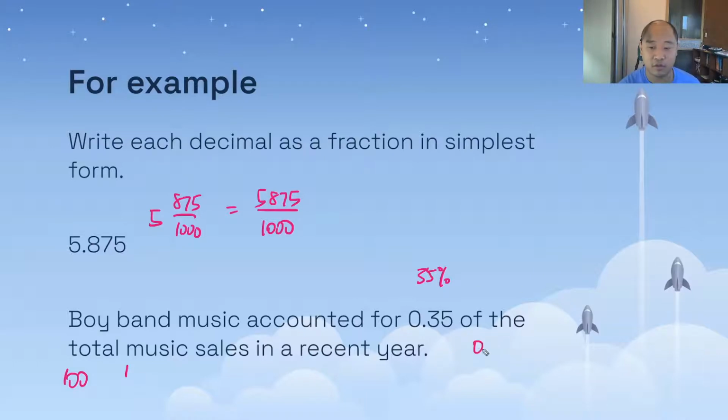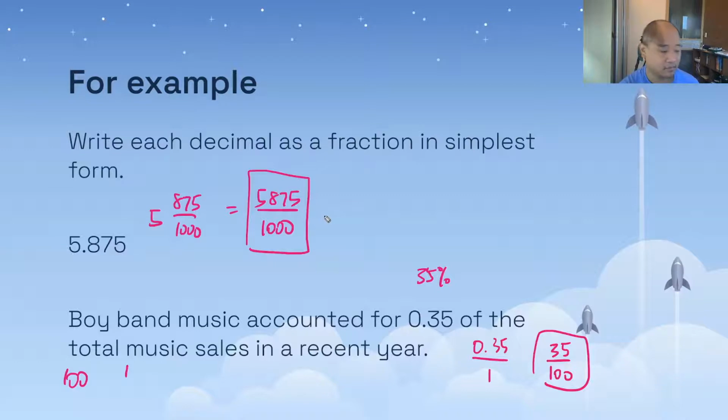So this is 0.35 out of the whole of 1, right? So basically we could say this is also 35 over 100. There it is.